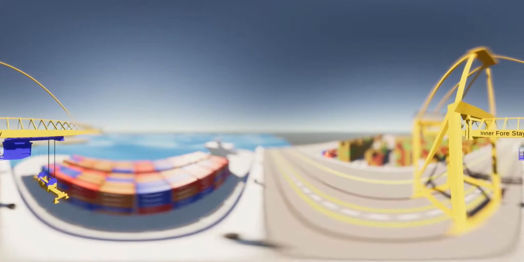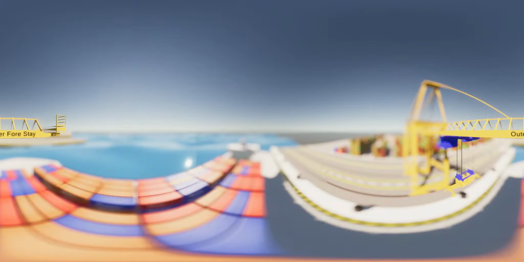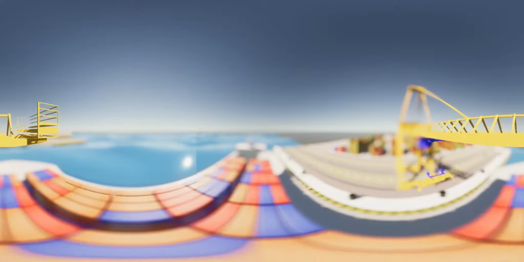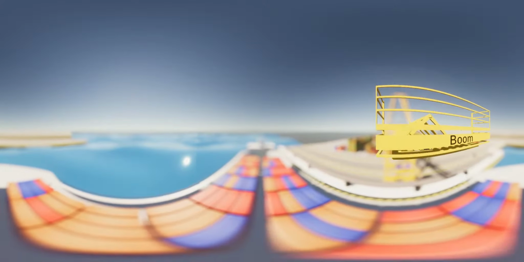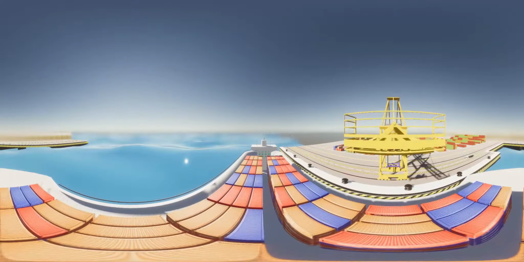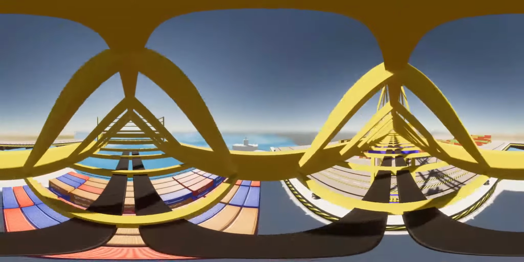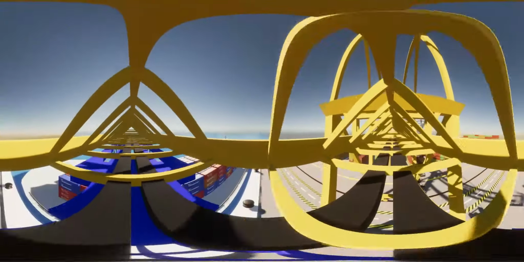This is the inner forestay, and this is the outer forestay. And finally, this part is called the boom. That was the basic parts of QC.